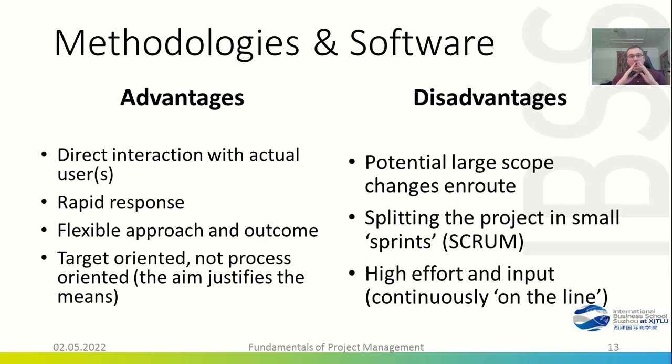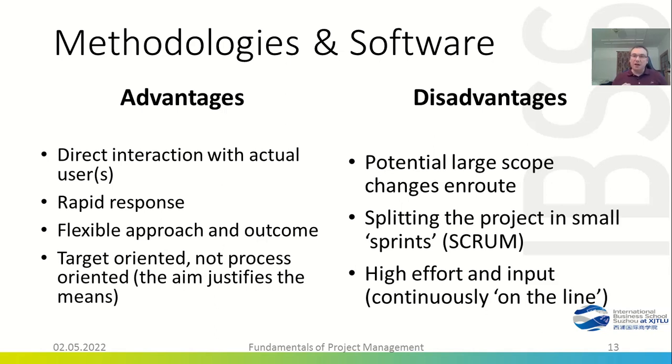Now, all of this requires a lot of effort and input from everybody involved. And there is potentially large changes from start to finish. And therefore, particularly in software projects, we attempt to collate the feedback and implement changes between sprints so that we know at the beginning of the next sprint, this action has led to this feedback and to this kind of action which we now try to implement.